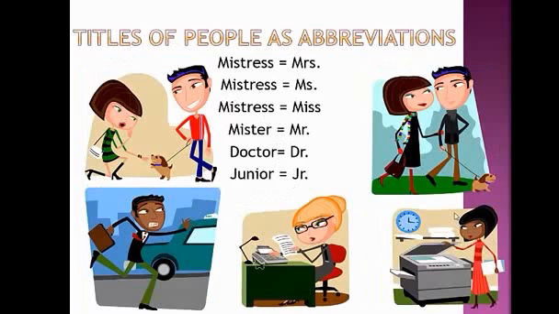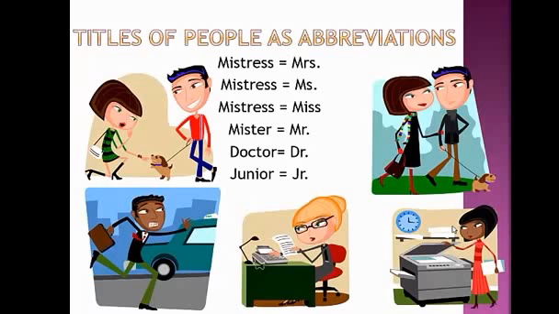Titles of people are also commonly abbreviated. These titles typically come before a name. Like I said before, mistress can have 3 different abbreviations. There's Mrs., capital M-R-S, period, which refers to a lady that is married. There's Miss, capital M-I-S-S, which refers typically to a lady who is not married.